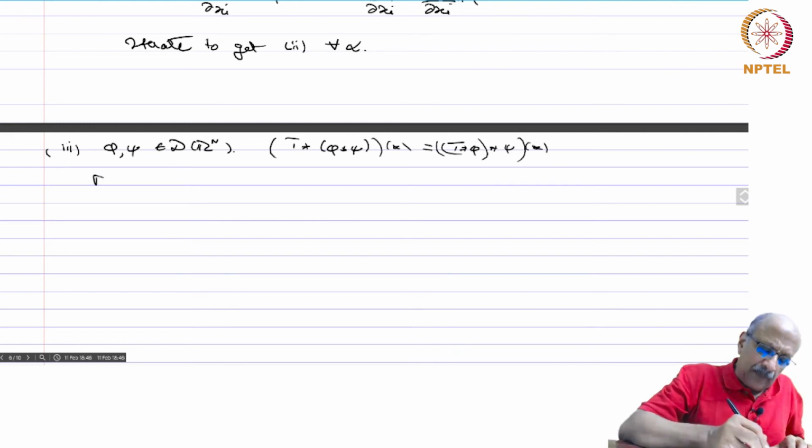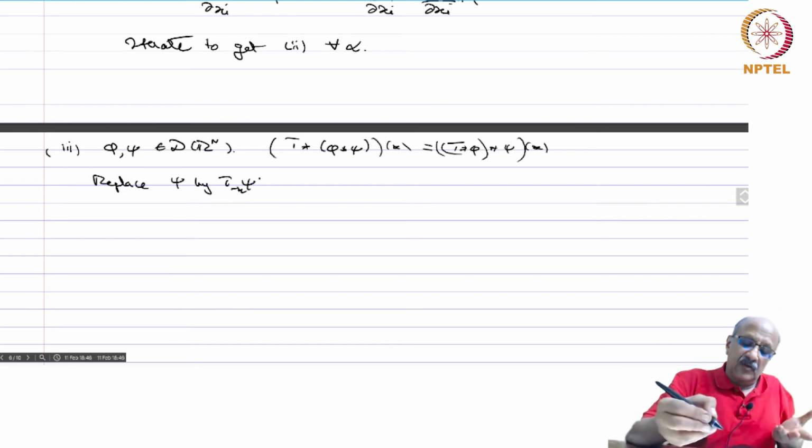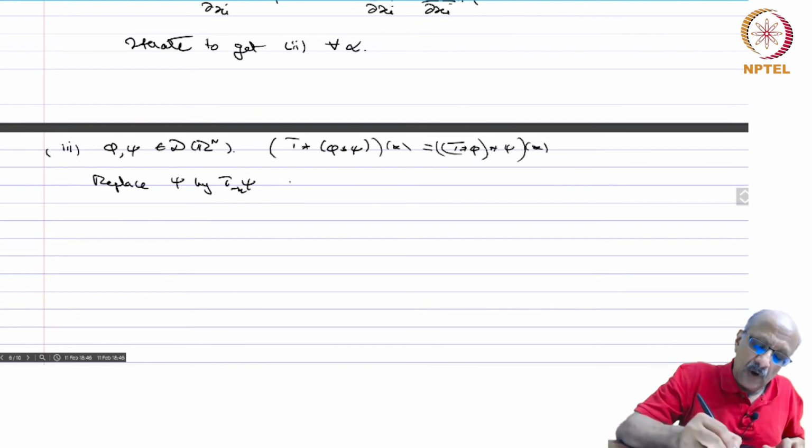Now we can replace tau x psi by tau minus x psi, because that is also a C infinity function with compact support. So enough to prove, and use 1.